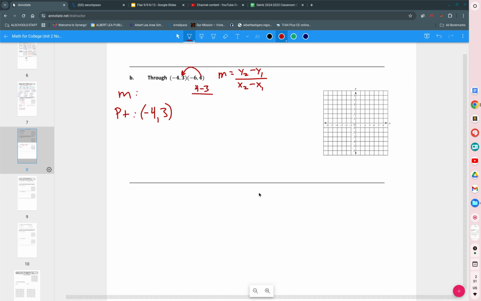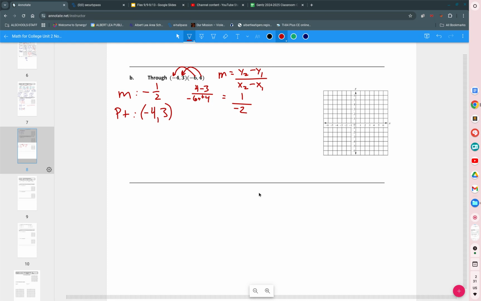And on the bottom, I have negative 6 minus negative 4. Four minus 3 is 1. And negative 6 minus negative 4, notice when you subtract a negative, you must add the opposite, and you get negative 2. So my slope is negative 1/2.